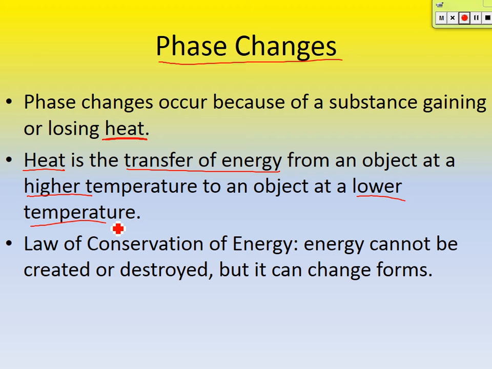There's a law of conservation of energy, very important, which says that you cannot create or destroy energy, but it can change forms. So heat is a part of energy. You can't destroy it. Heat is going to flow from one object to another object. The energy can't be destroyed.